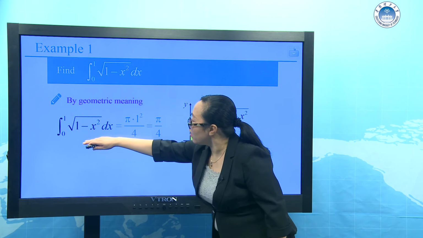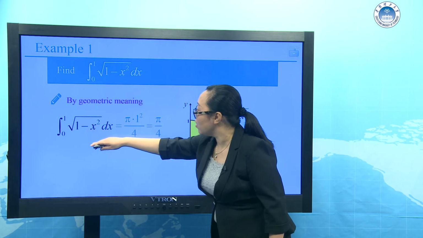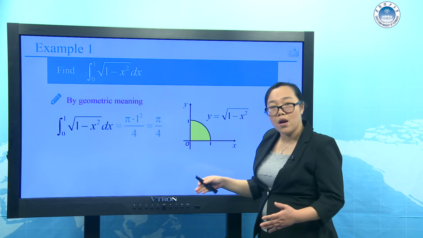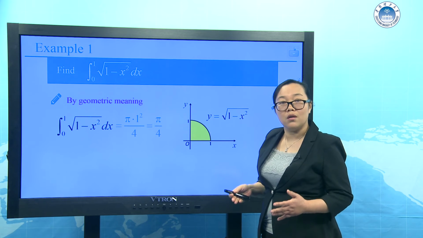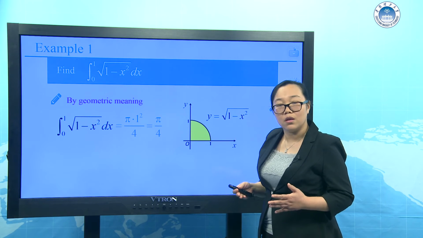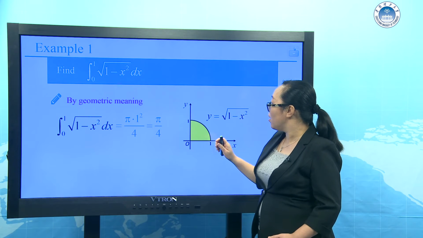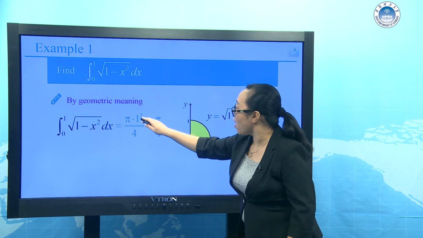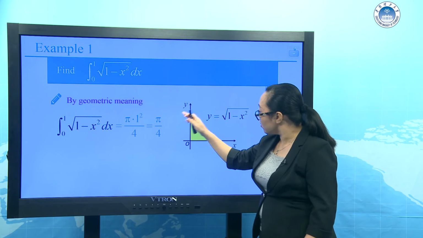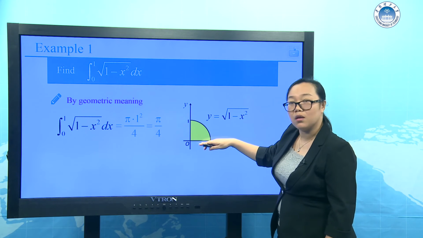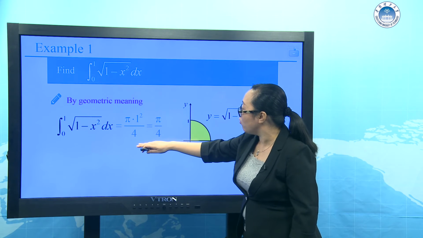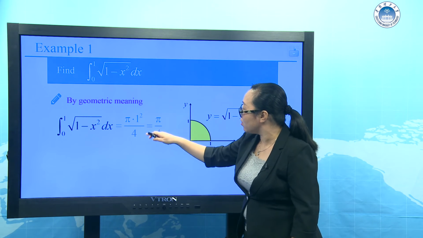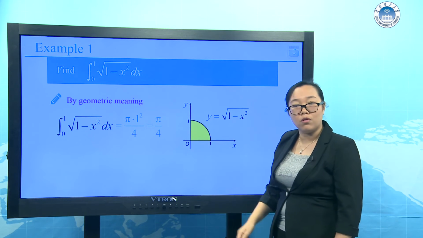The definite integral equals the area of the given region. How about the given region? Its area is pi r squared over 4. In this question the radius is 1, so it equals pi times 1 squared over 4. The final result equals pi over 4.